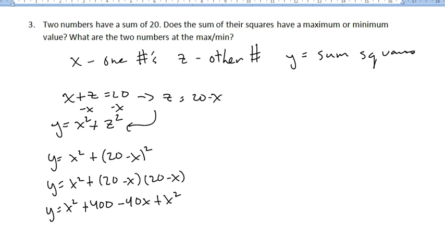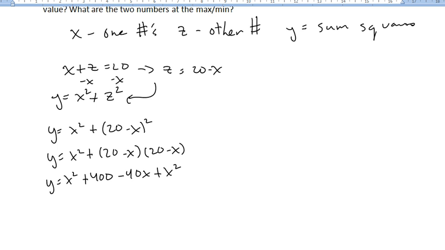Collect like terms. Okay, and now we've got a 2 in front of here, so we need to get rid of that before we can complete the square.